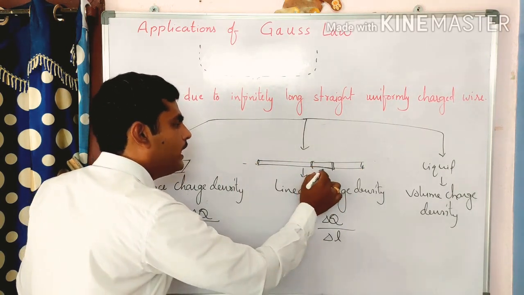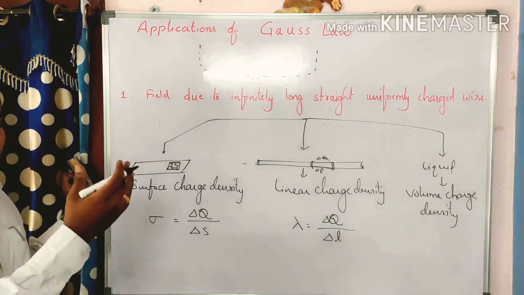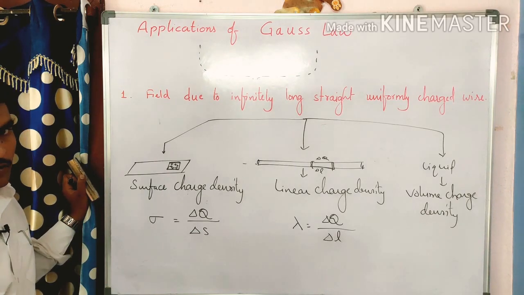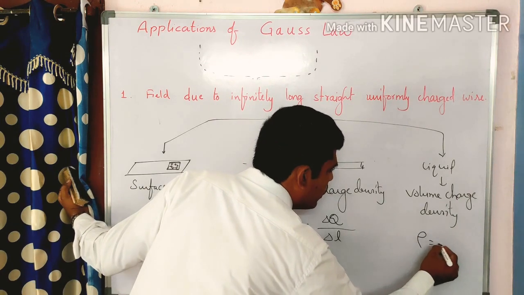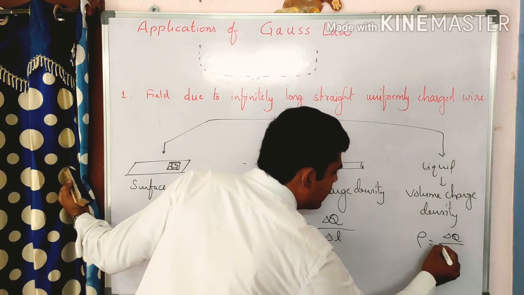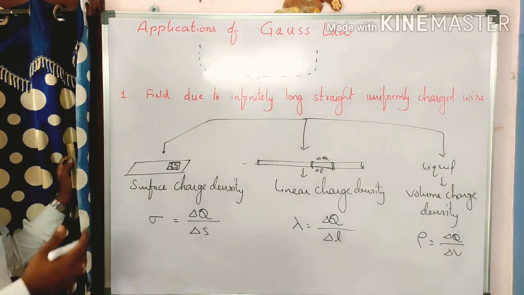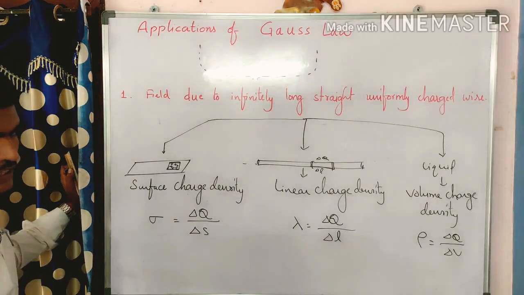So in this length delta L, delta Q charge is there, and delta Q by delta L is known as linear charge density. Similarly, volume charge density is denoted by rho, delta Q by delta V, volume. So in the case of liquids, we use volume charge density.